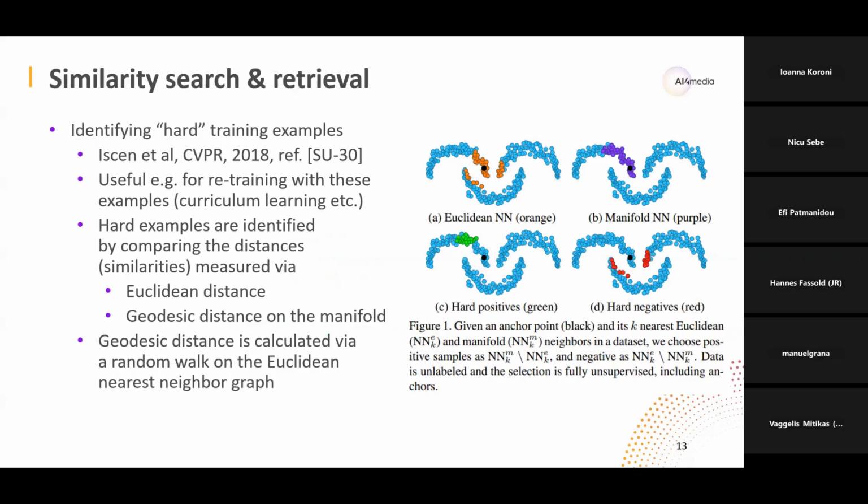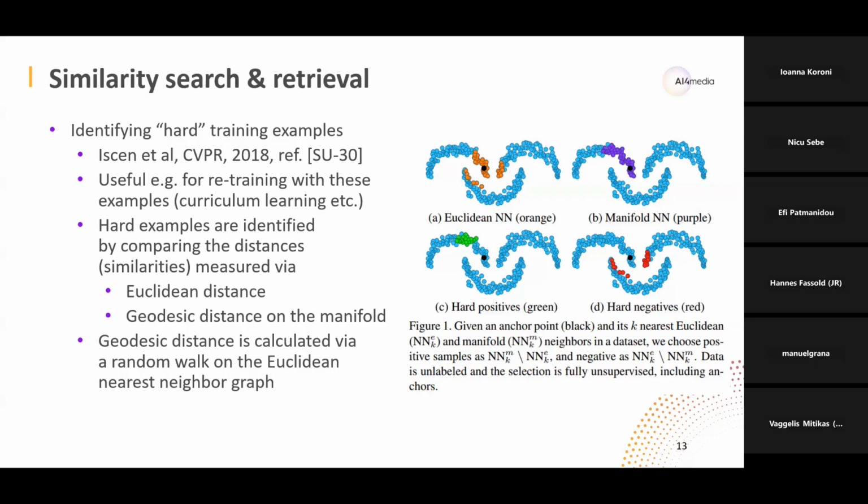It's a little bit older, and it deals with identifying hard training examples, which is of course useful, for example, if you're doing some sort of curriculum learning schedule where you're first training with the easy examples and then getting progressively harder. Then you need to identify which ones are the hard training examples.